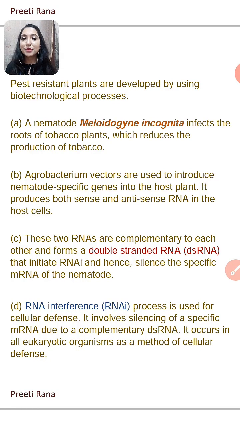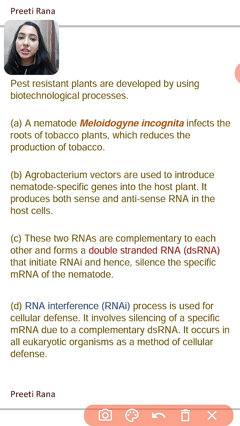The next example for the production of pest-resistant plants is resistance in tobacco plants against nematodes. A nematode, Meloidogyne incognita, infects the roots of tobacco plants, which greatly reduces the production of tobacco. Agrobacterium vectors are used to introduce nematode-specific genes in the host cell.